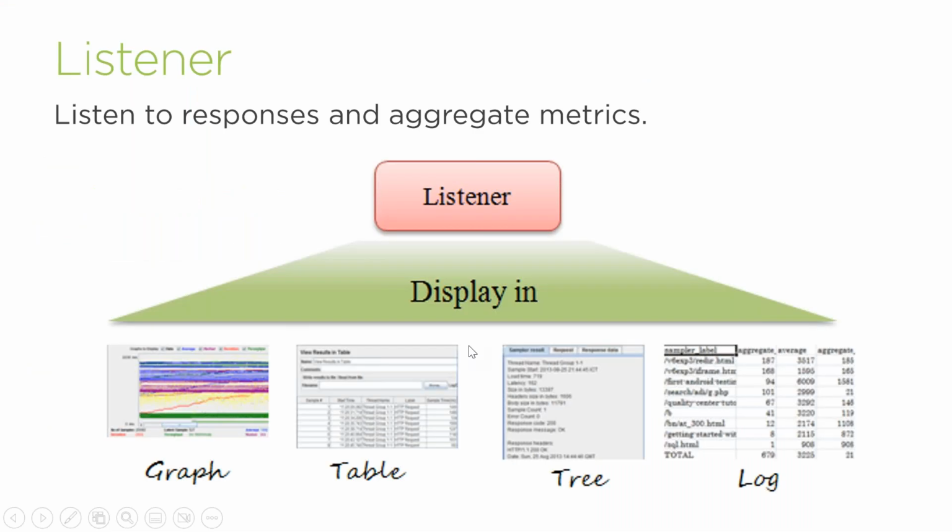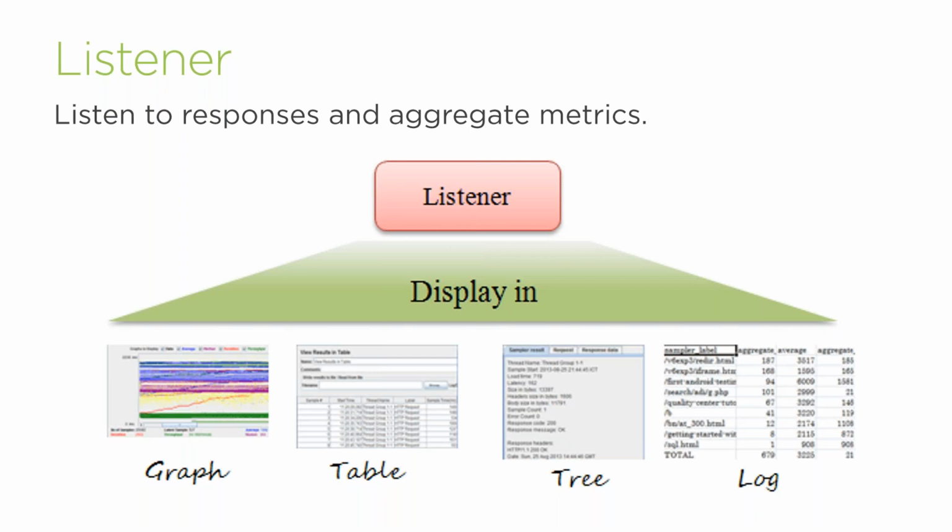Now listener. What is a listener? Whatever response you got, JMeter is storing at some place. Let's say you hit a lot of requests against any website, and whatever response you get, JMeter stores in one place, and using a listener you can see it.